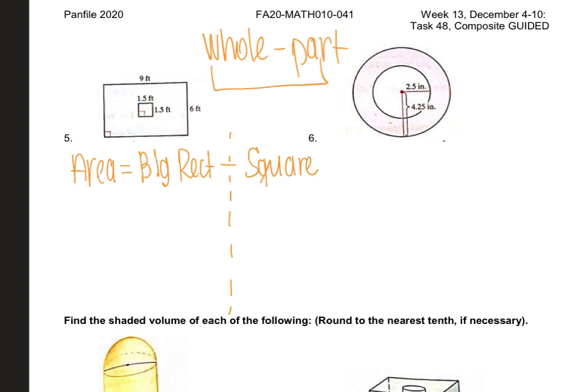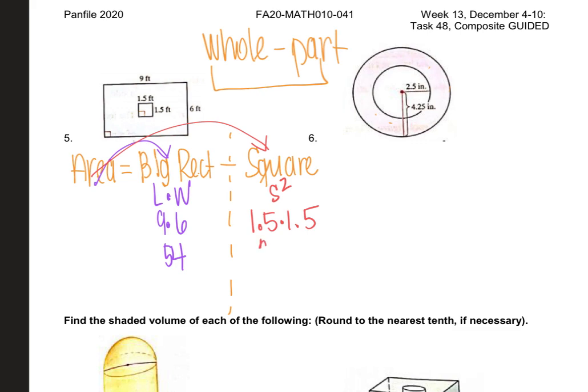So my big rectangle, my area of it is going to be length times width, which is going to be 9 times 6, which is going to be 54 in this case. My square, area of a square, is going to be s squared, or s times s. That's going to be 1.5 times 1.5, and 1.5 times 1.5 is going to give me 2.25.